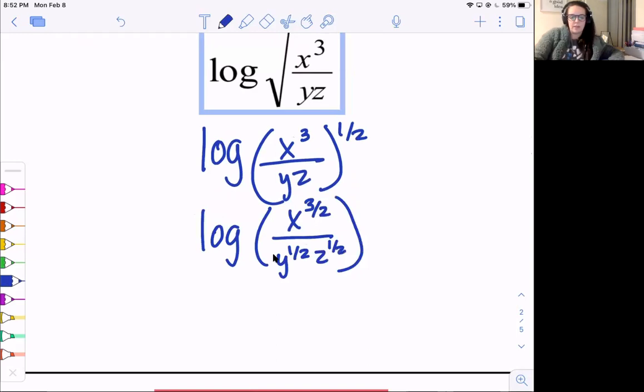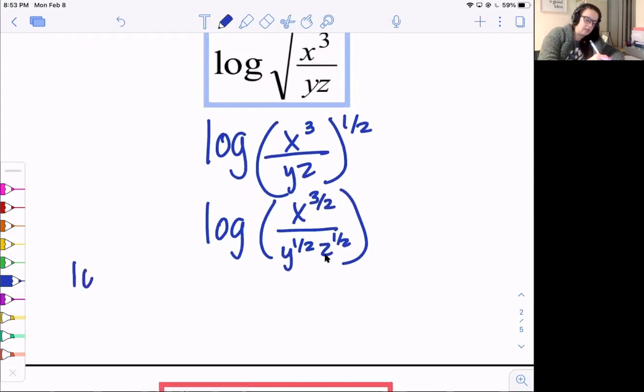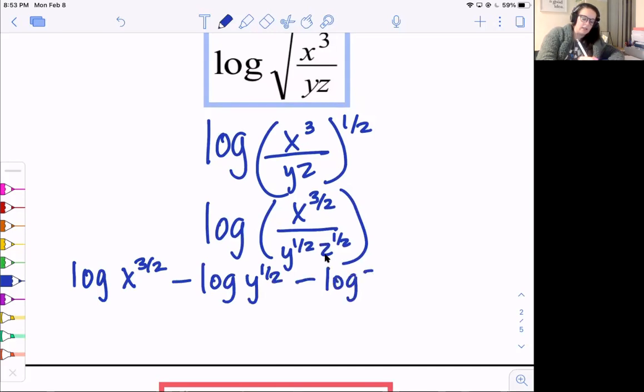And then I have three variables. So I'm breaking it into three pieces here. Log x to the 3/2 minus, because the y is on the bottom, log y 1/2 minus again log z 1/2. So I break it down, both of these are on the bottom, so they end up on the bottom here. Right?